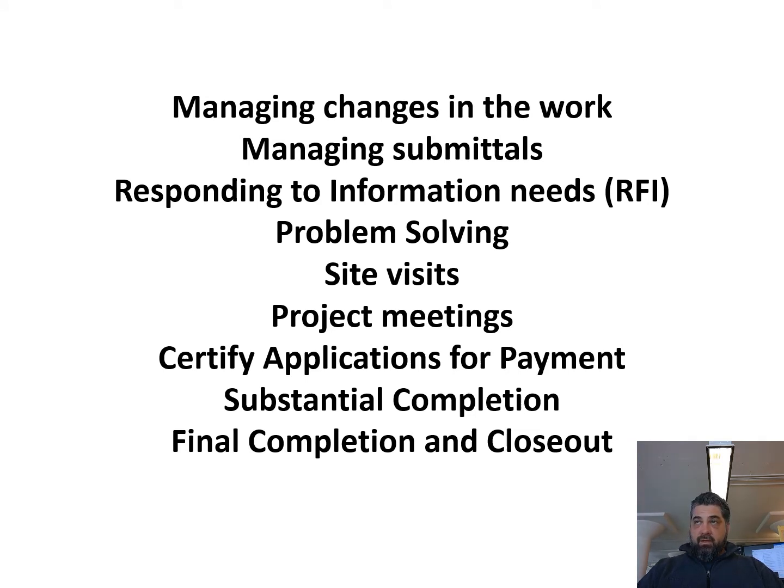Then substantial completion. You'll be asked to confirm the date of substantial completion. The contractual term or definition of substantial completion is when the building is substantially complete such that the owner can use the building for its intended use, right?